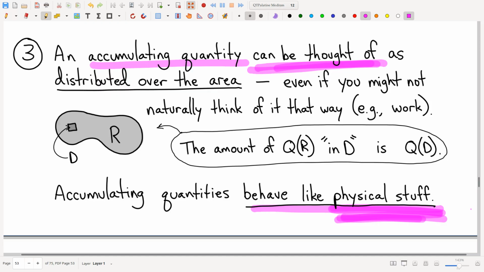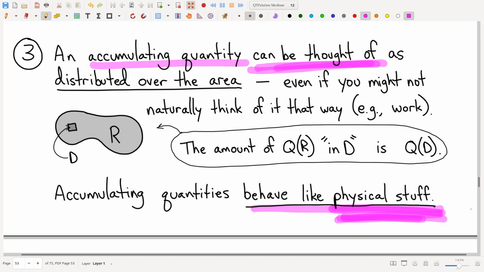And that's how much of this imaginary stuff I'm going to imagine as being in that region. So if you imagine it as being a substance, let's think of what would be the consequences of viewing work, for example, as being a substance.